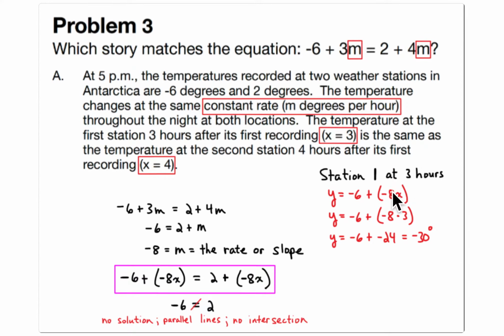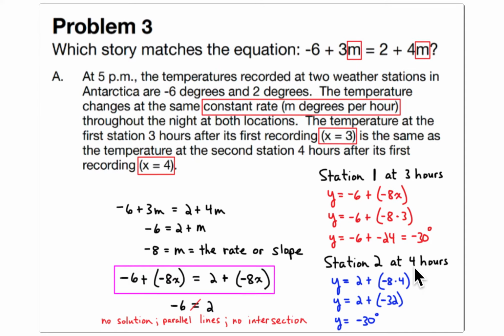So station number 1 is at 3 hours out. So 3 hours times the -8 is -24. Add them together, you get -30. Station number 2 is 4 hours out. So notice this is starting at 2 degrees, positive 2 degrees.